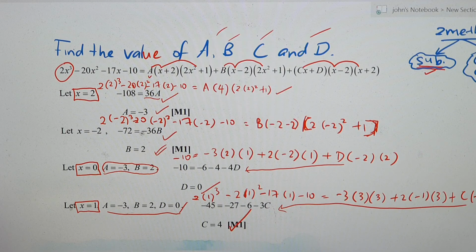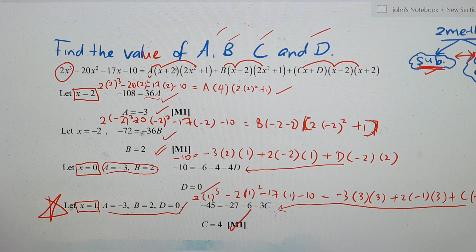But you can use a combination of substitution and this compare coefficient method. For example, for this last c, I can do it like what I just did, but you have to be very good in your algebra. Like you see what I did just now. I told you this times this is cube, a times x times 2x cubed.